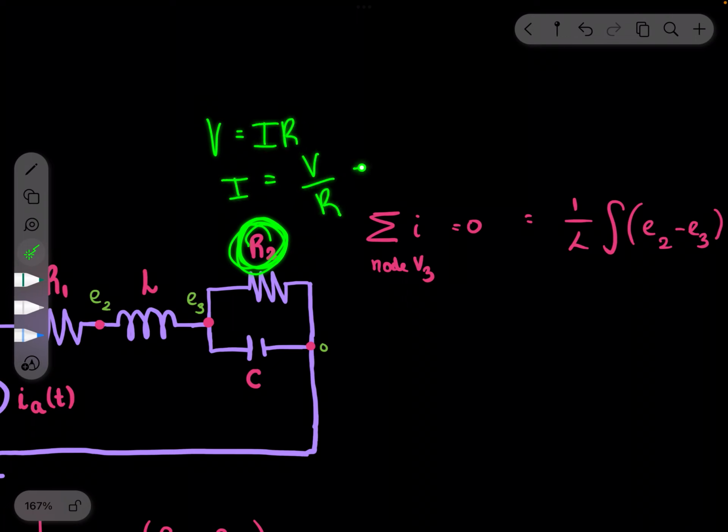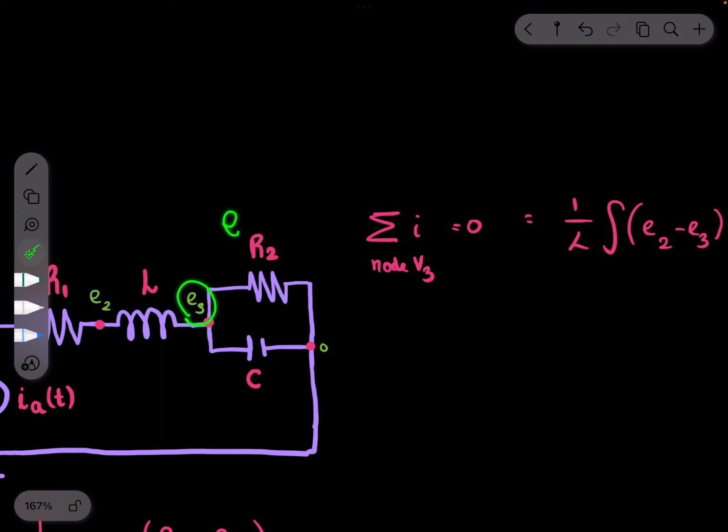V equals IR. I is V over R. And the V, the voltage, corresponds to our resistance. If we write it like this, E3 is the voltage through the resistor, which is the same voltage as the voltage through the capacitor, plus 0, because we have 0 voltage at this node.